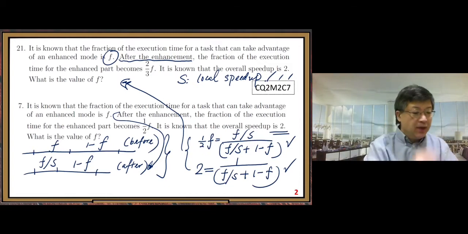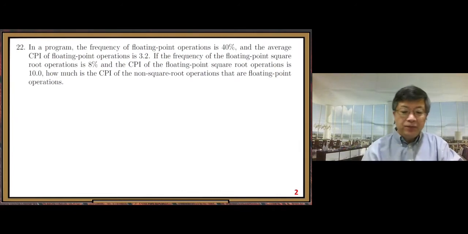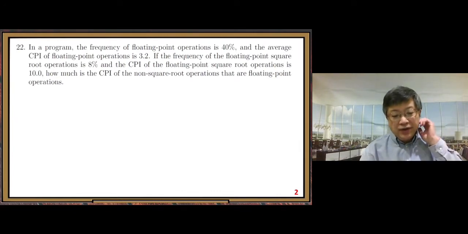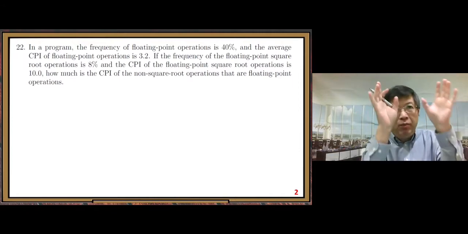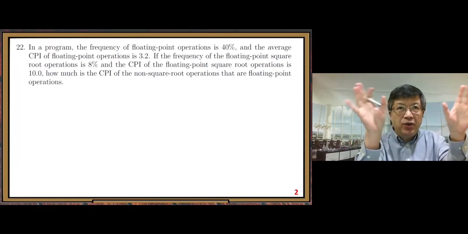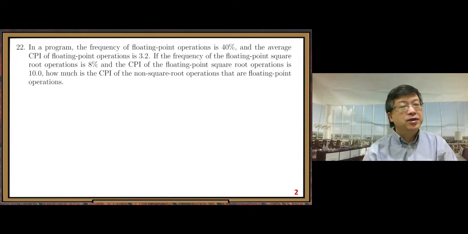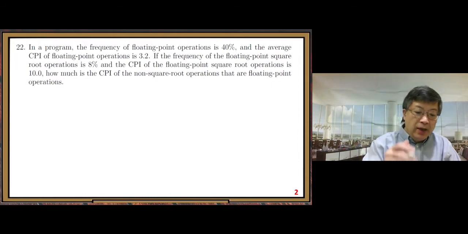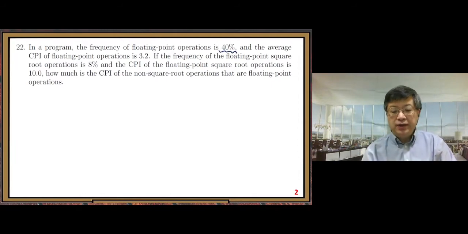All right, so that's the first question of this video. The second one, there is one special way to apply our processor performance equation, so I want to explain that part. Otherwise, this question is not very hard. In a program, the frequency of floating point operation is 40%.